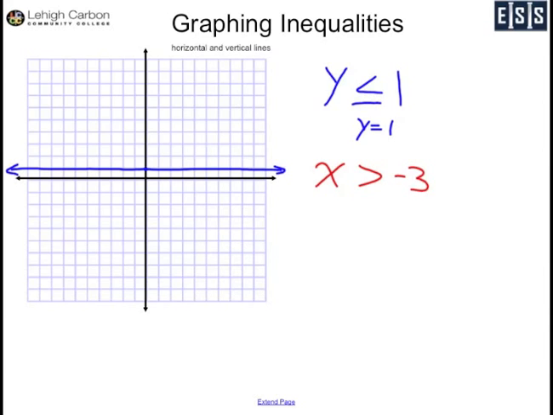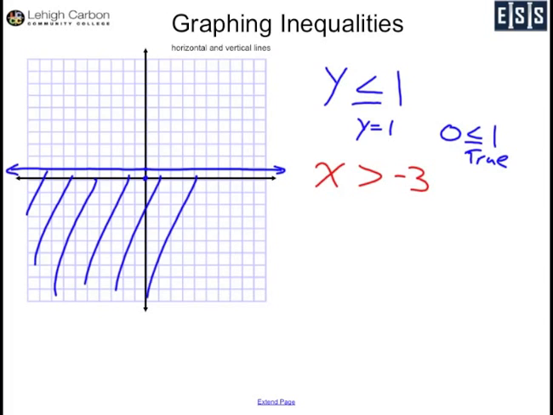Now I need to figure out which way to shade. I can still test my point 0, 0. Is 0 less than or equal to 1? This is true. So I'm going to shade the underside of my line. Because y is less than or equal to 1, I want everything 1 and below.